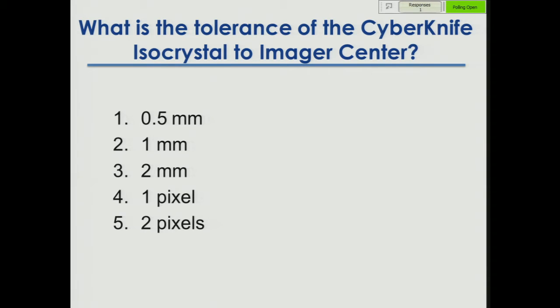So the first question is, what is the tolerance of the CyberKnife Isocrystal to Isocenter? 0.5 millimeter, 2 millimeter, 1 pixel, or 2 pixels?